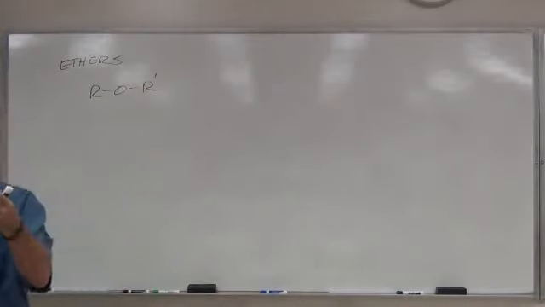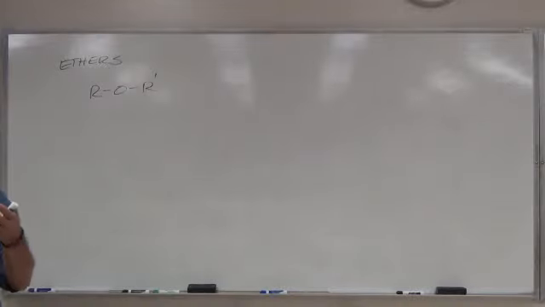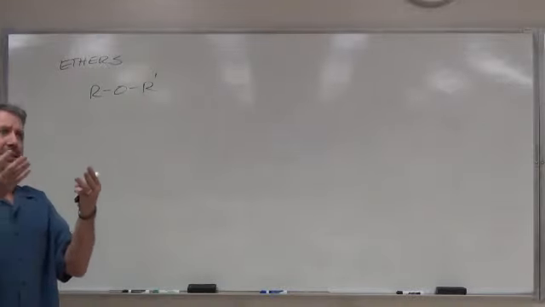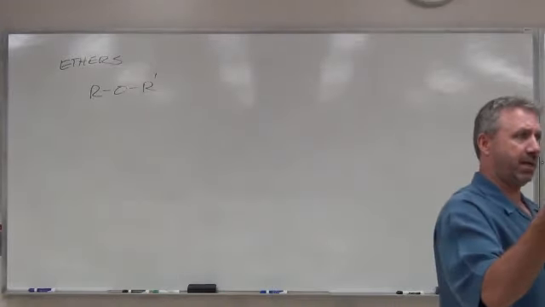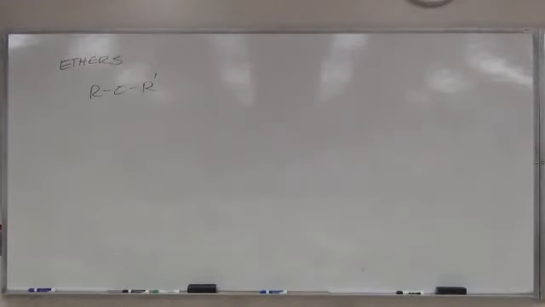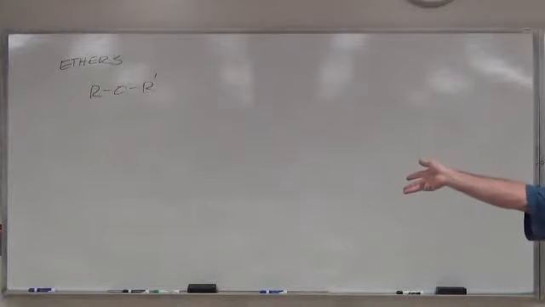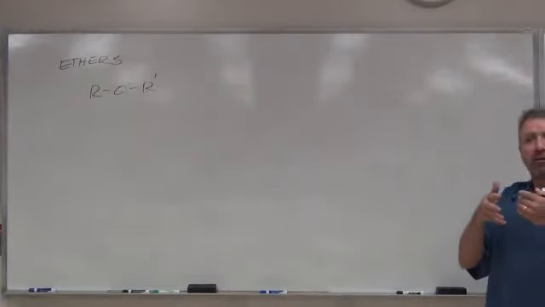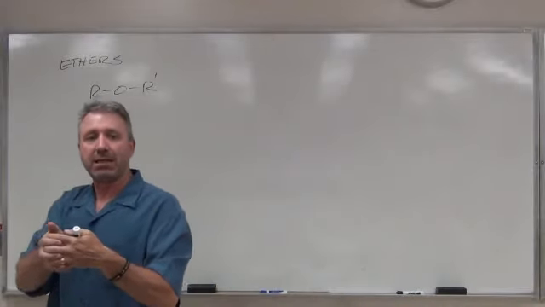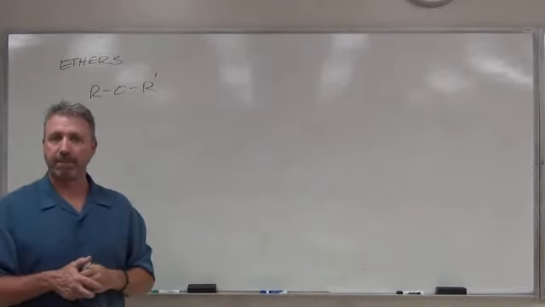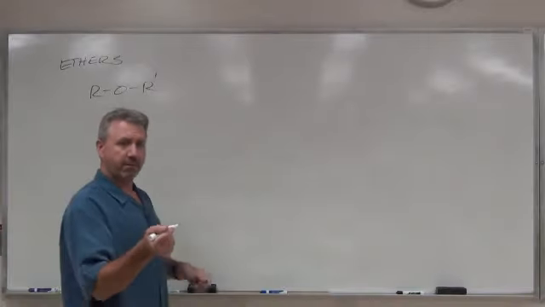We're going to do aldehydes and ketones next. That's 8. Then we have esters, carboxylic acids, amides, amines, aromatics. We already did aromatics, right? So you're looking at 13 functional groups.